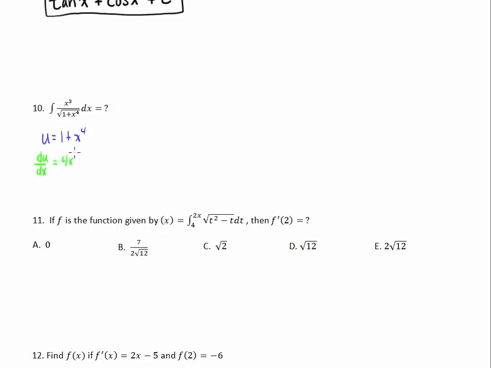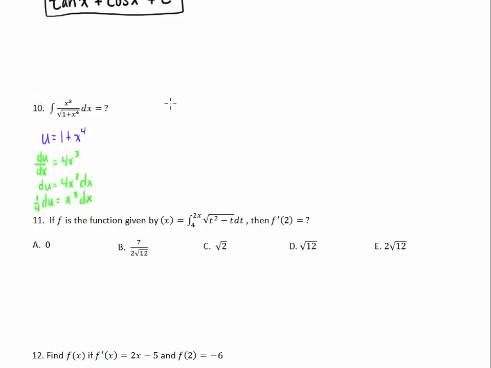This becomes 4x cubed. Get the dx on the other side, and we get 4x cubed dx. Now, I don't want the 4, so I'm going to divide both sides by 4, and that's going to be 1/4 du is equal to x cubed dx. Don't have to worry about changing the bounds because this is an indefinite integral.